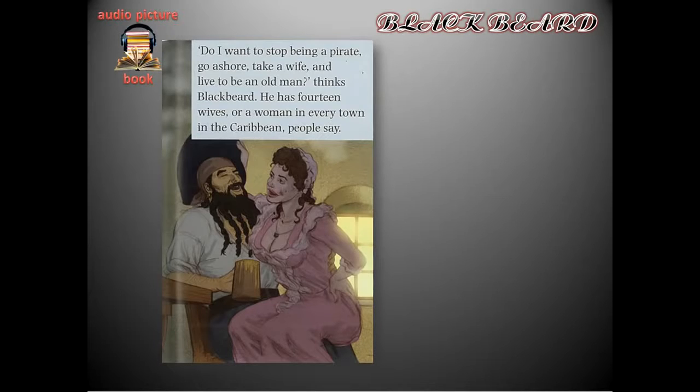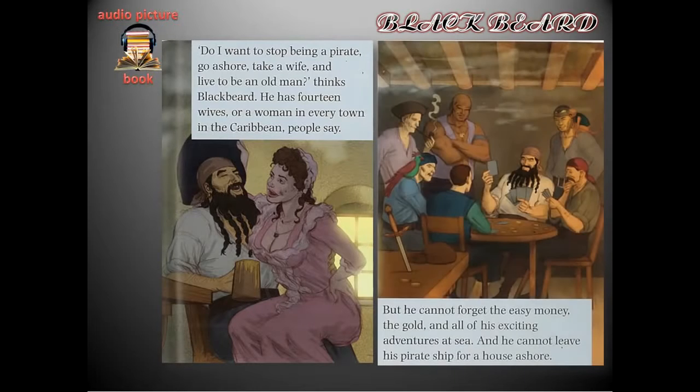He has 14 wives, or a woman in every town in the Caribbean, people say. But he cannot forget the easy money, the gold, and all of his exciting adventures at sea. And he cannot leave his pirate ship for a house ashore.